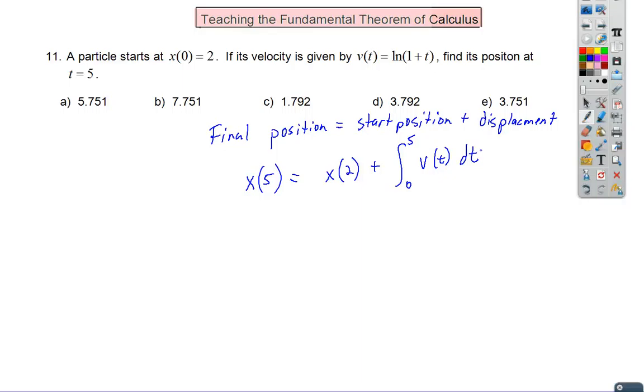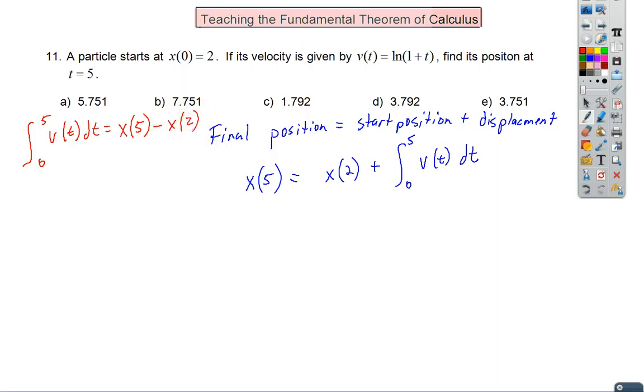Didn't I have this by my fundamental theorem of calculus? I'm going to go on a little tangent here. My fundamental theorem of calculus said that the integral from 0 to 5 of velocity dt is equal to what function when I take the derivative gets me velocity? Position. And that's going to be x of 5 minus x of 0.